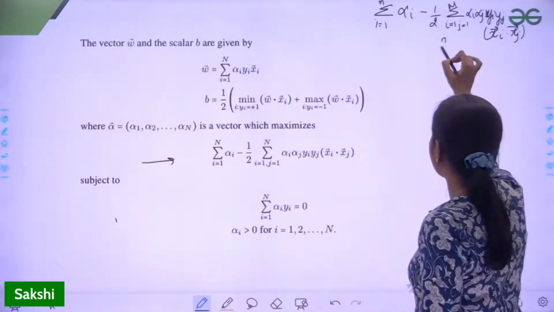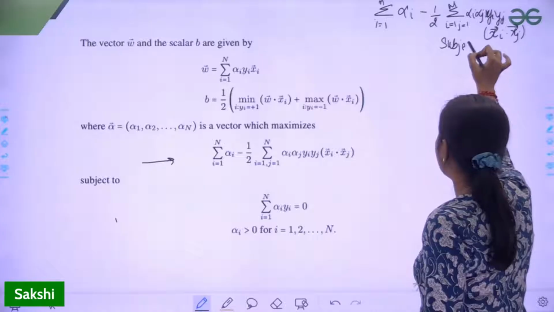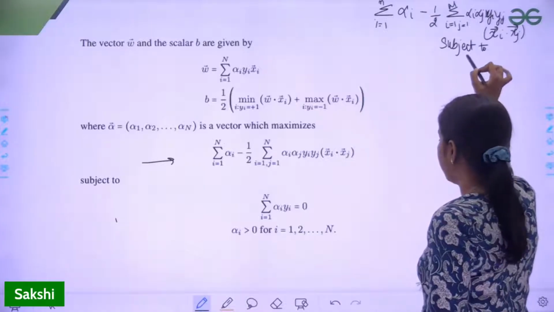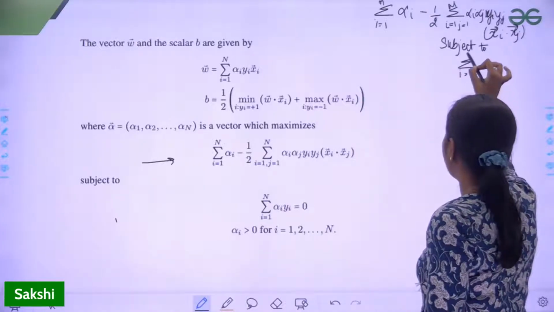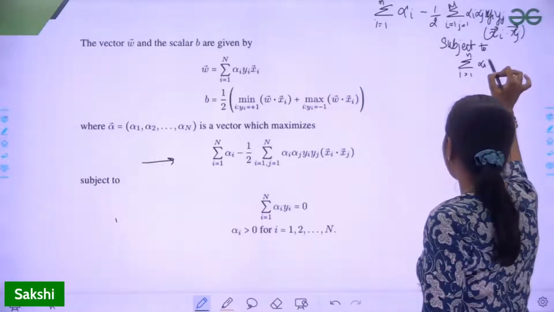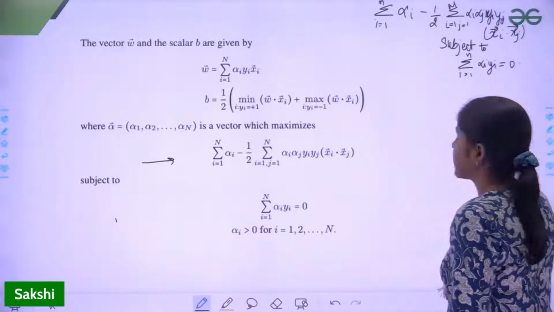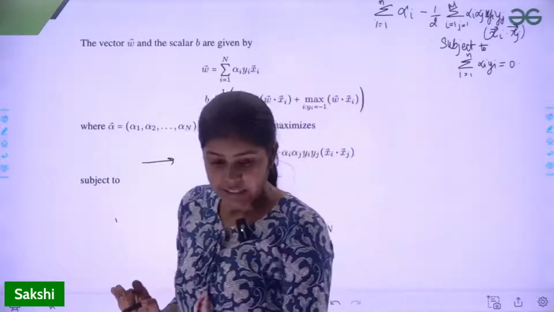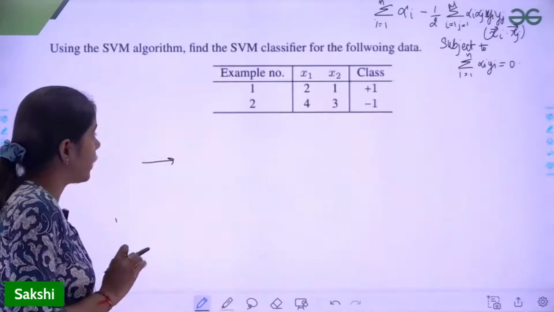I have to maximize this subject to summation i varying from 1 to n of alpha i yi equals 0, to find alpha. So let's see how we are going to find the value of alpha.